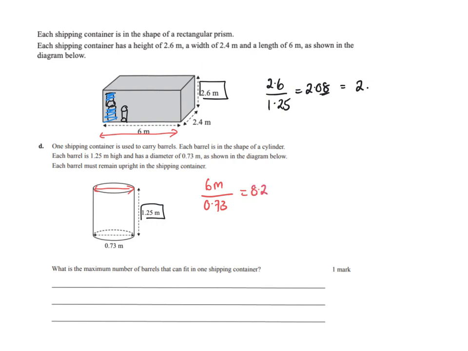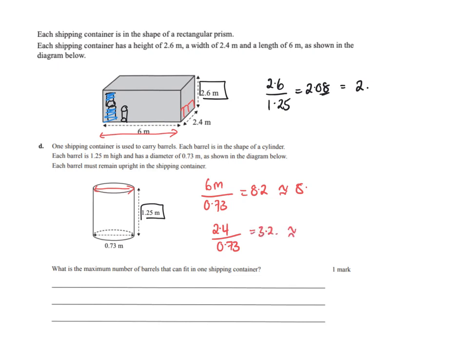So I'm going to say approximately 8 across. Now remember, they're also going to stack along that way. So we need to see how many can go across that way, which would be 2.4 divided by the diameter. So we get 2.4 divided by 0.73, which is 3.2.